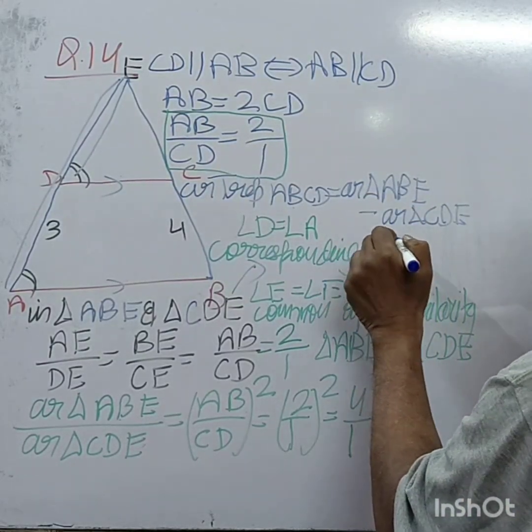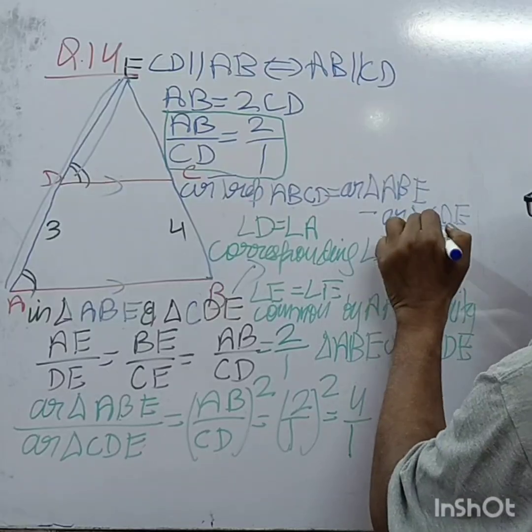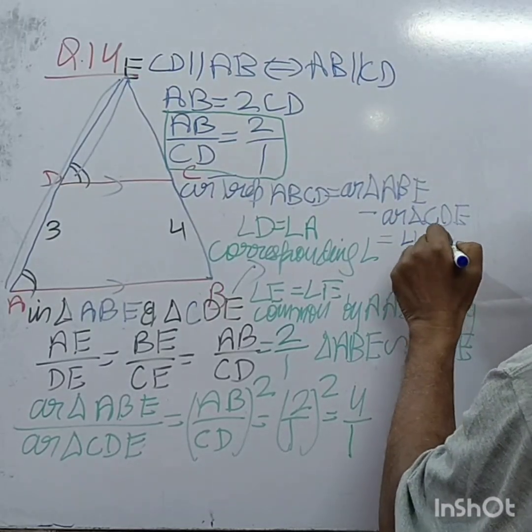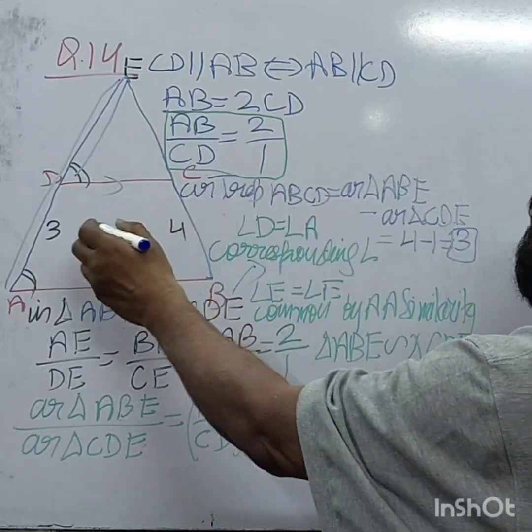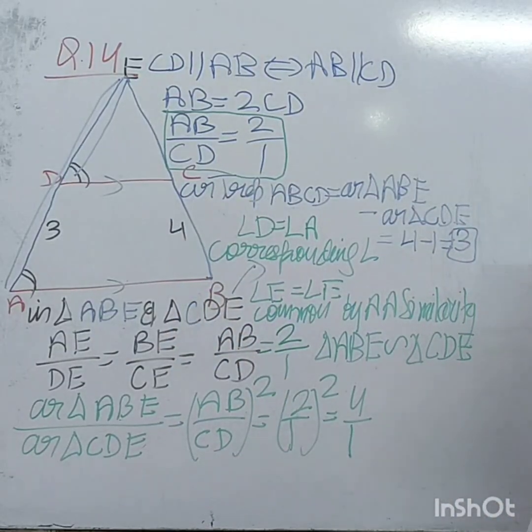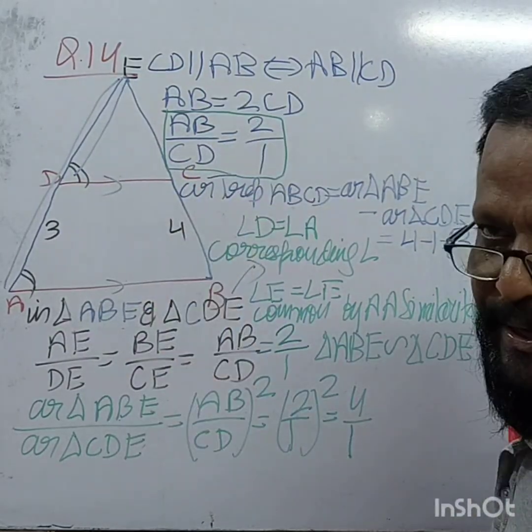So it is how much? 4 minus 1 is equal to 3 unit. This is 3 unit and this total is 4 unit.